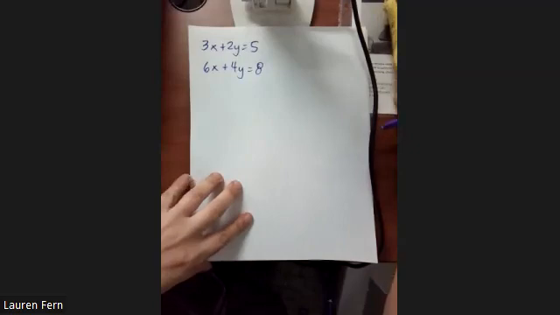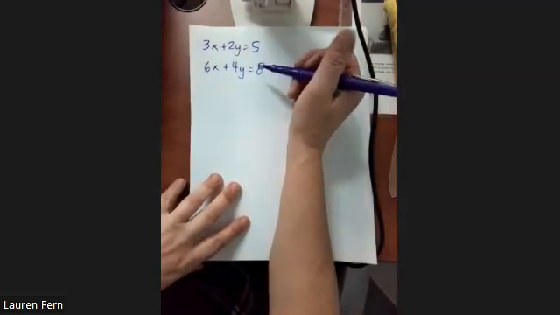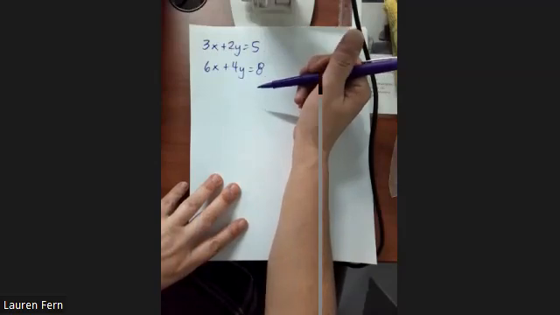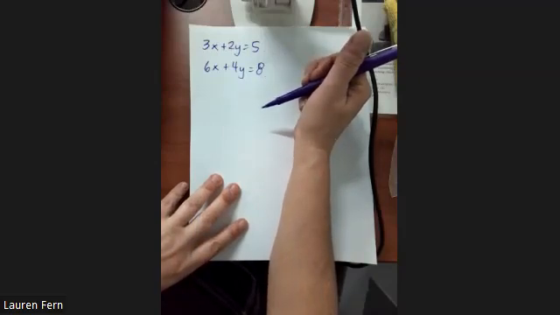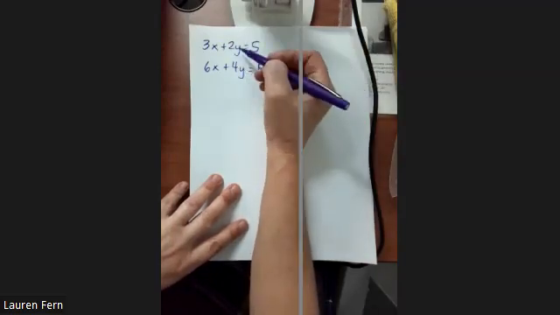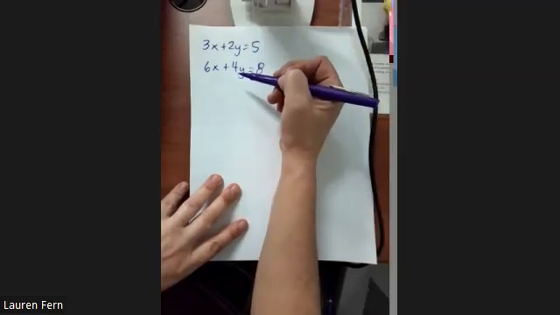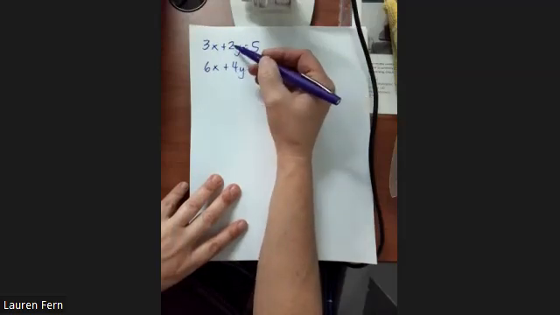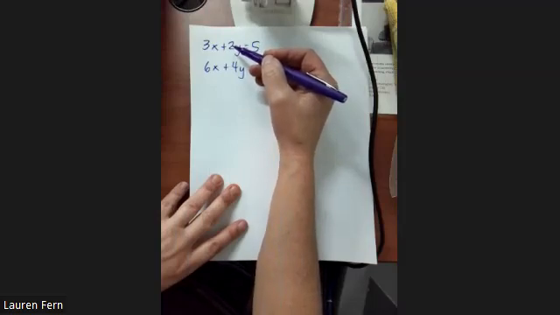All right, well, again, we need to figure out, who do we want to get rid of, x or y? What do you think? Y? Okay, so the consensus here is to get rid of our y's. So notice I have a +4 here. Do you agree if I had a -4 here, we'd be in business?